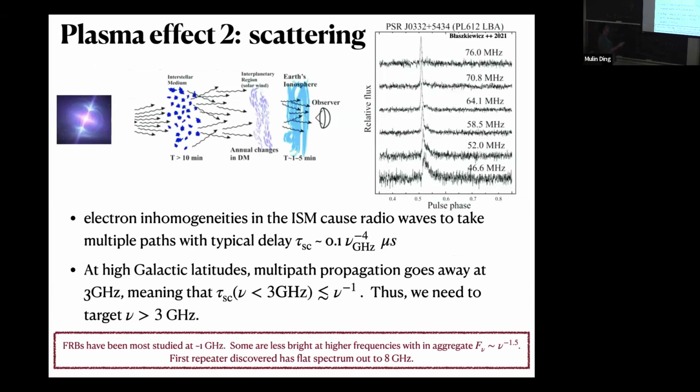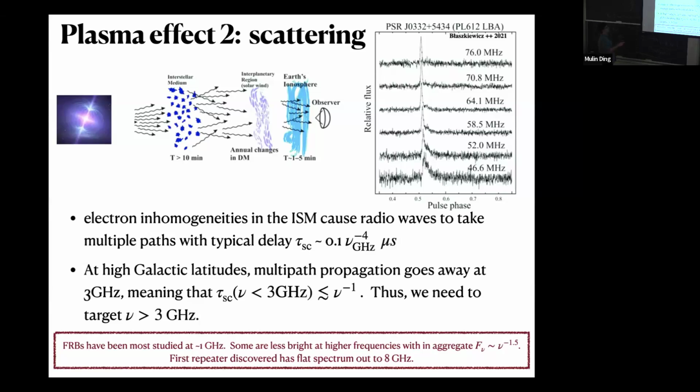If there are inhomogeneities on small enough scales, the light that travels one path, its phase will advance faster than light that travels other paths, and this can cause it to interfere at the end.